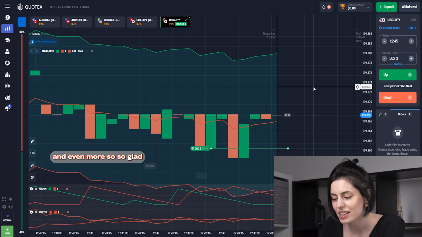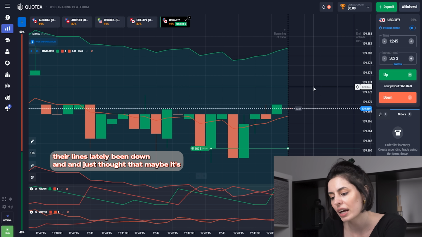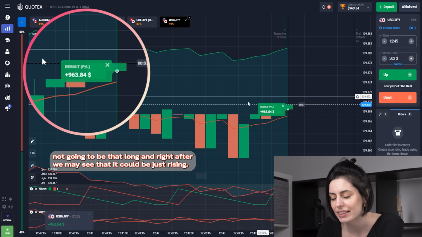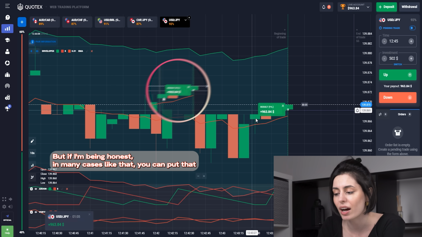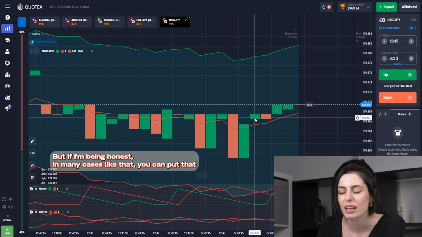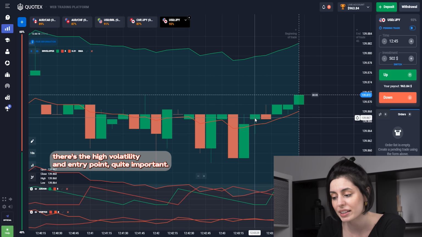And even the vortex is so flat. I've been actually checking only with the rune. That rune line has lately been downward, and I just thought that maybe it's not going to be that long, and right after we may see that it could be just rising. But if I'm being honest, in many cases like that, you can put it as downward or as upward, just because there's high volatility and the entry point is quite important.